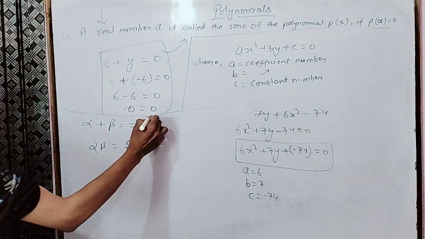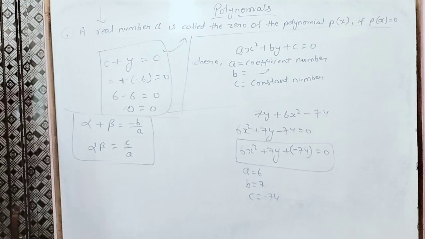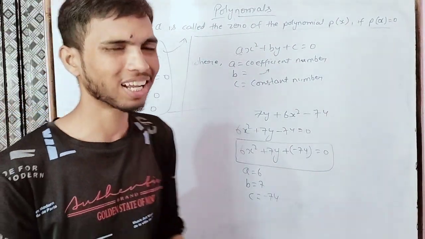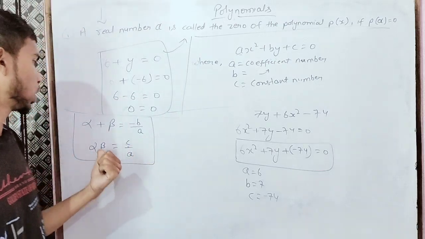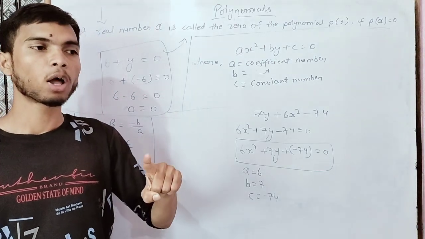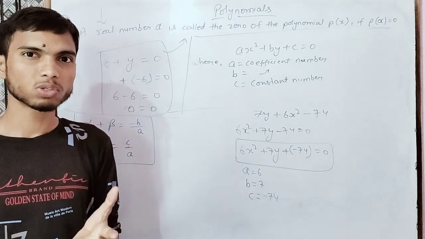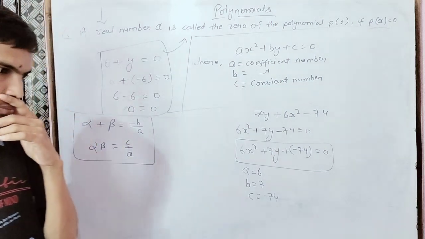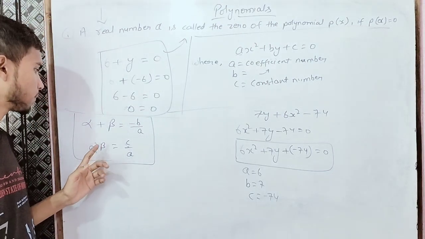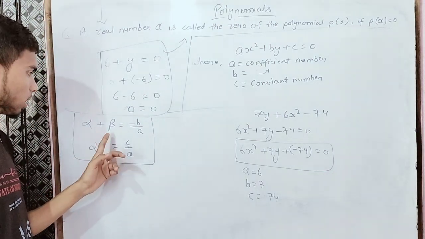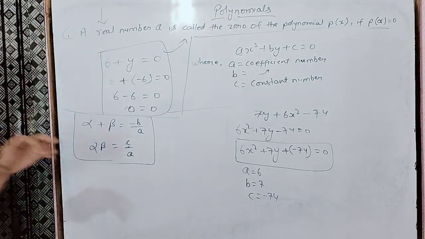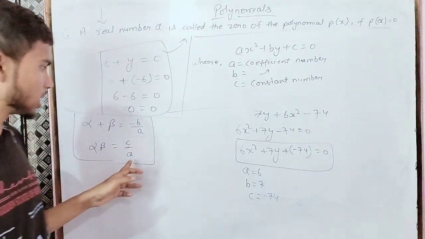We will have some questions based on this, don't worry. You just have to understand a little information regarding this from here. So alpha plus beta, where alpha is what? I would explain it later. Here, B is what, A is what, C is what, A is what.